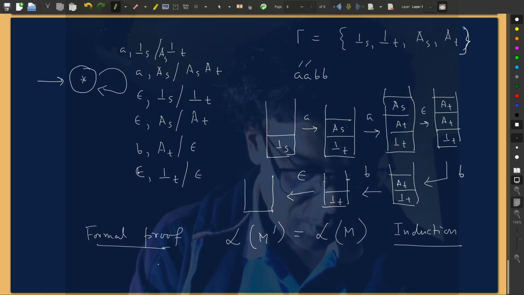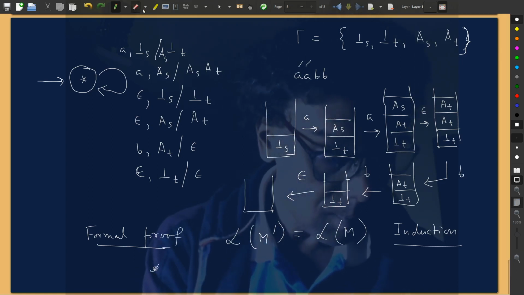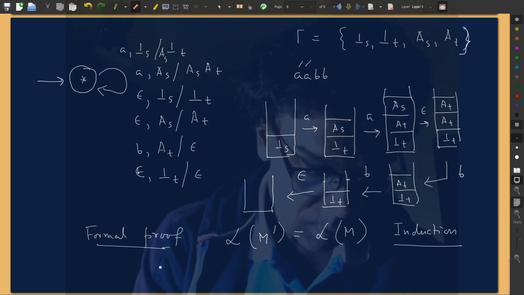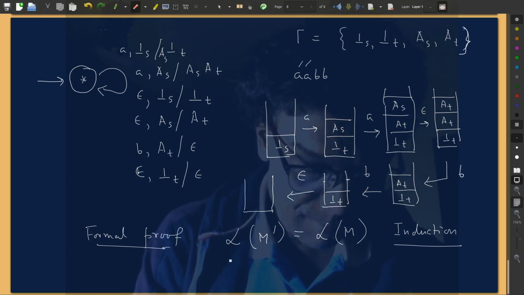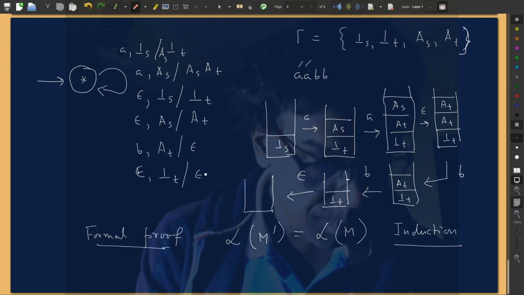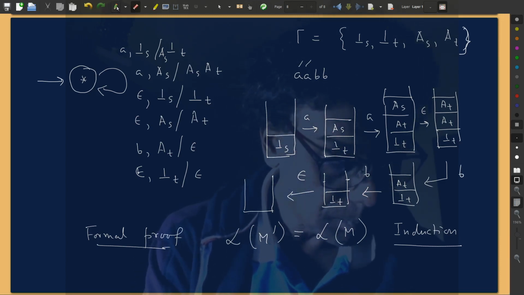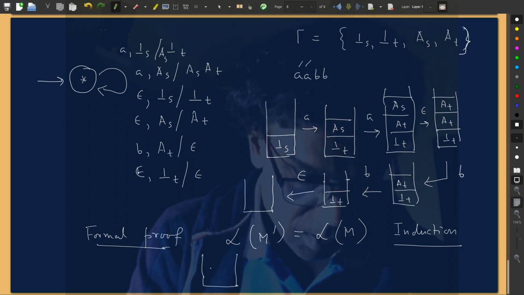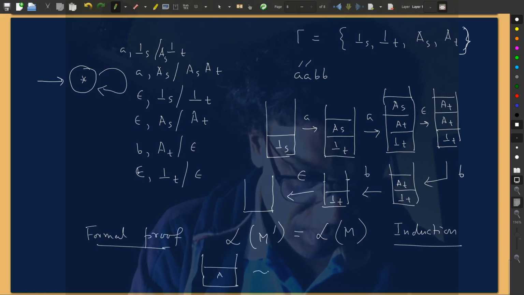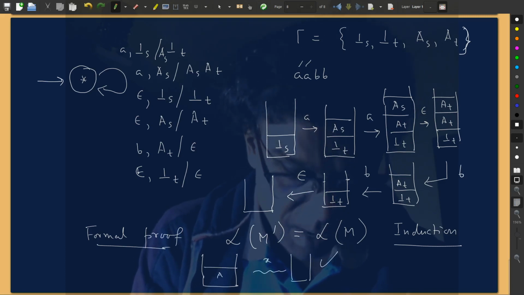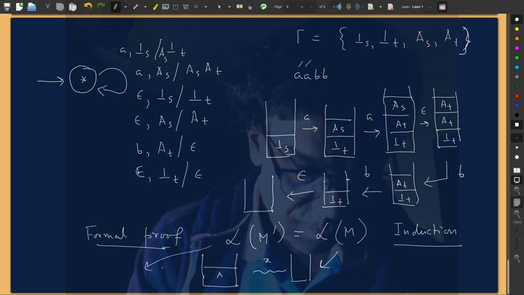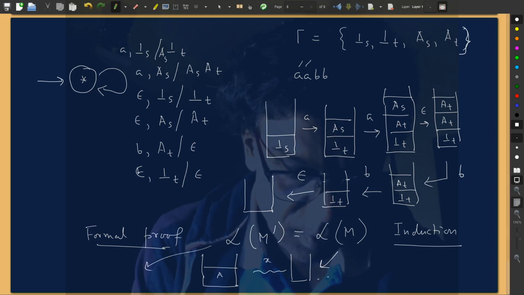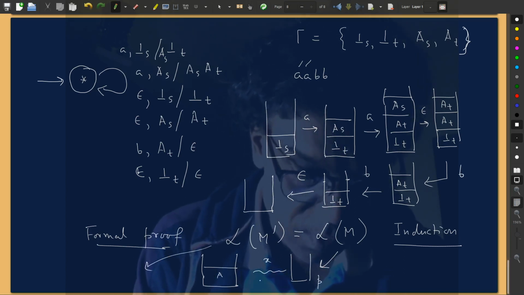Okay. For example, if you have from the start symbol, it's something like this. You have some A, read X, and with an empty stack in M, if and only if, and then this is basically the same thing. PQ.